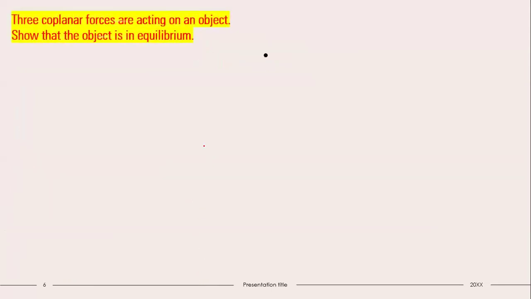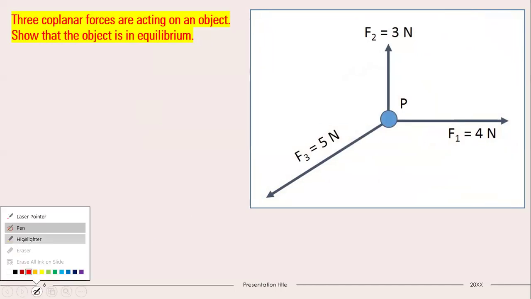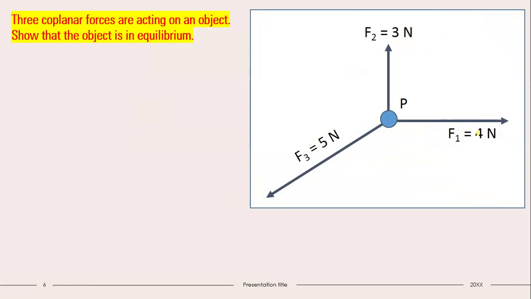Okay, the next thing is I'm going to tell you an example of three coplanar forces which are acting on an object, and we have to show that the object is in equilibrium. The three forces: one of them is 4 Newton, the other one is 3 Newton, and the last one is 5 Newton. And these forces are acting at one point.